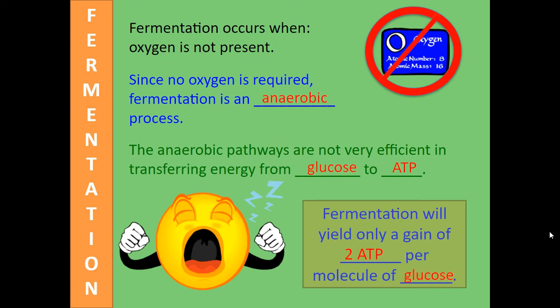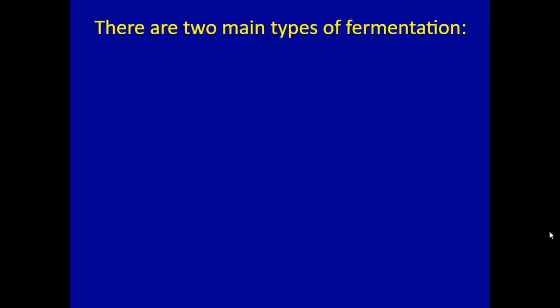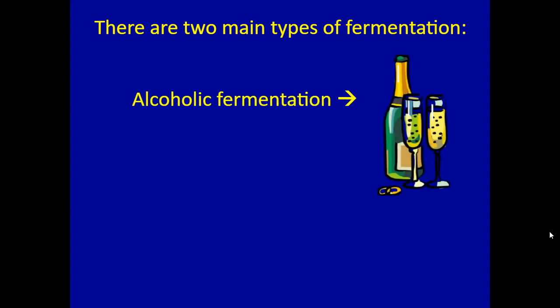Fermentation makes only about 2 ATP for every molecule of glucose, compared to aerobic respiration, which can range between 36 to almost 38 ATP per glucose molecule.